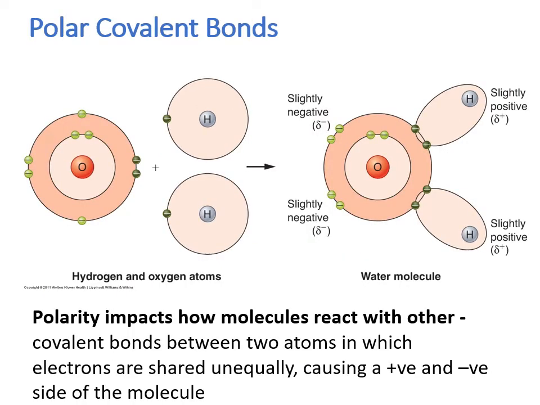Okay, what's the term polar covalent bond? Well, it's still a covalent bond, meaning sharing of electrons, but one atom has a much greater pull and influence on that electron. So if you look at H2O here, water, sure, oxygen wants to take the electron from hydrogen, and hydrogen is happy to share the electron, but oxygen is a much bigger atom.